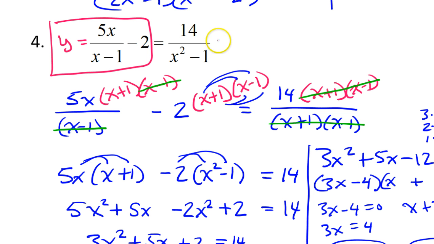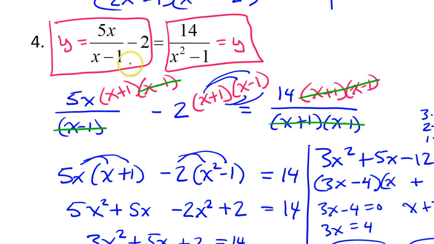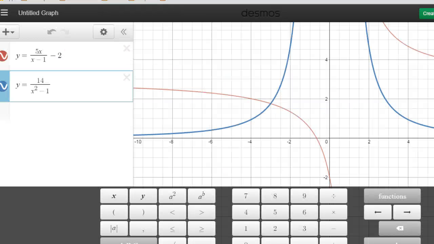And I'll make another equation out of the right-hand side, y equals this. And I will look at the x values of the points where they intersect. So here you can see I've typed in the two equations. The red one is looking like this and the blue one's looking like that. I need to find the points of intersection.